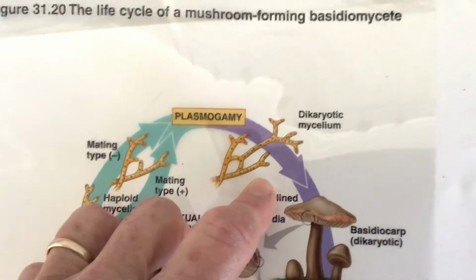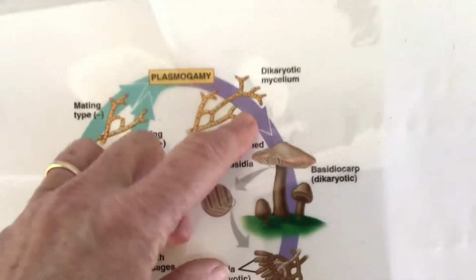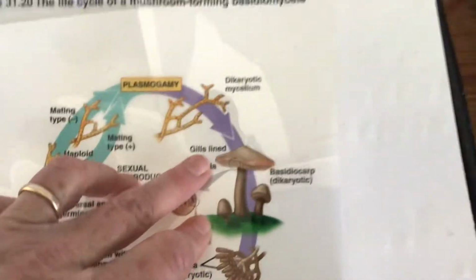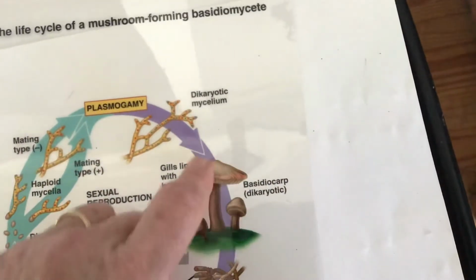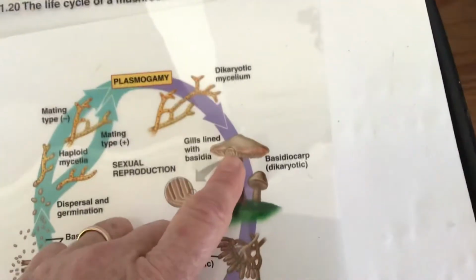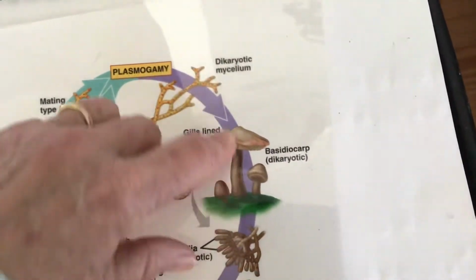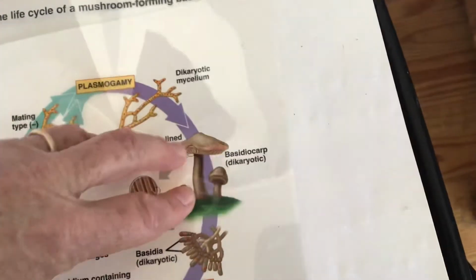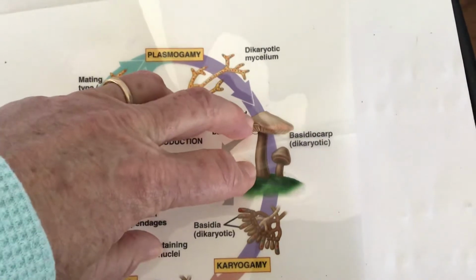All right, so dikaryotic or heterokaryotic mycelia will grow into a reproductive structure called the basidiocarp. This is a massive hyphae, called a mycelium, but it takes this form of the basidiocarp. All right, and it's dikaryotic.